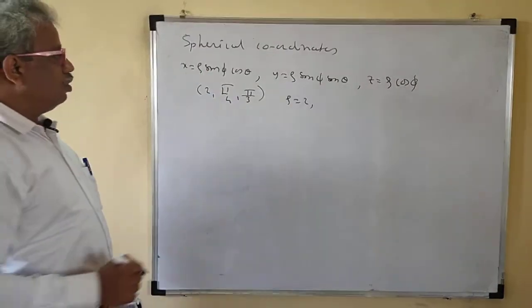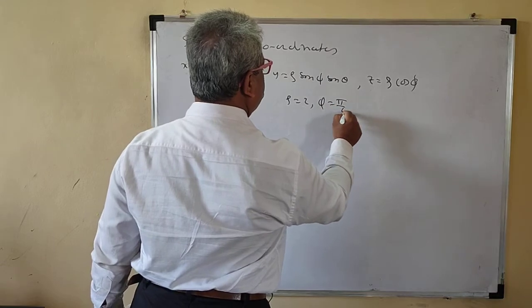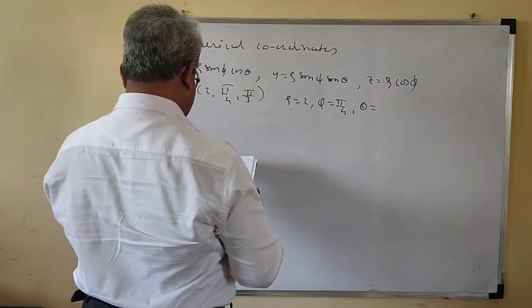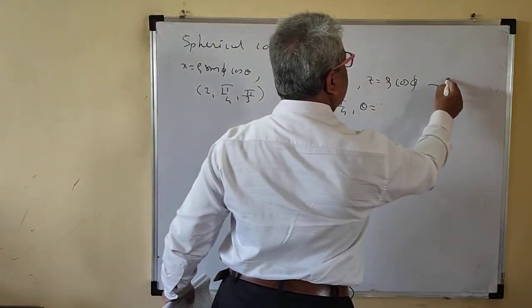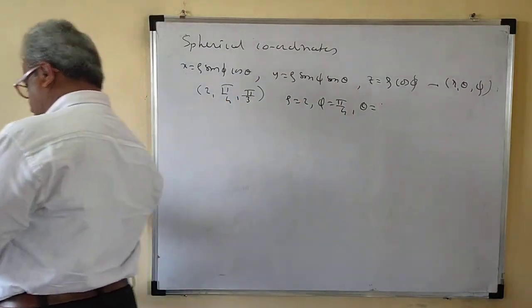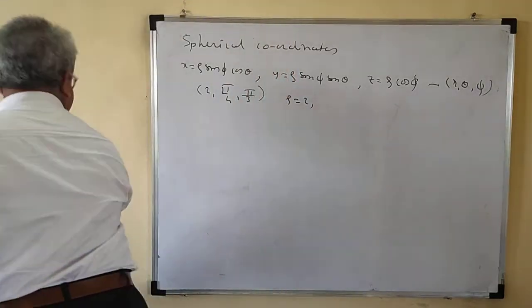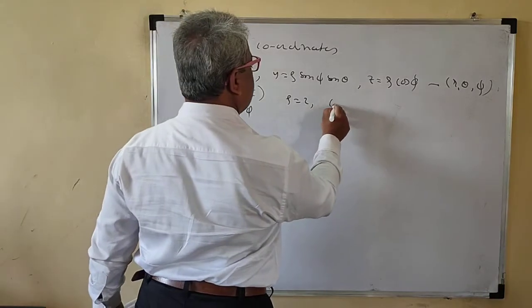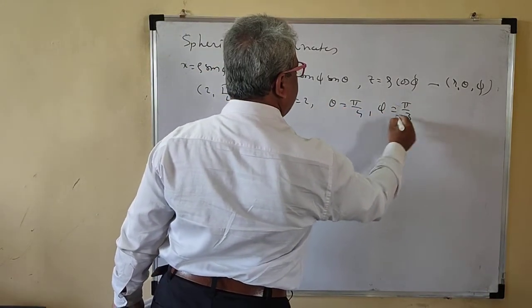Note that this is rho, theta and phi. So this was wrong actually: rho is 2, your theta is pi by 4, and your phi is pi by 3.